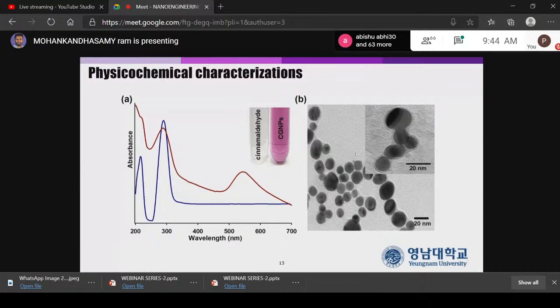These black, spherical-shaped ones are gold nanoparticles, and the magnified inset image shows there is a covering over the black dots. Those are cinnamaldehyde. This way we confirmed again that these nanoparticles are reduced by cinnamaldehyde, and the cinnamaldehydes are attached onto the surface of the nanoparticles.